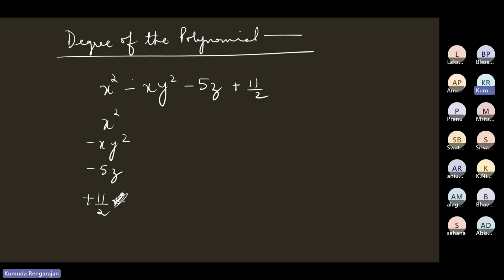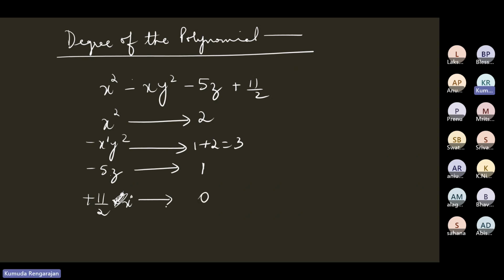What's the power of x here? 2. Here there are 2 variables, x and y, so add 1 plus 2, 3. Here there's only one variable and its power is 1. Here it is 0.